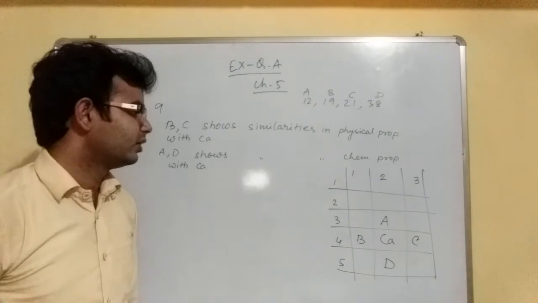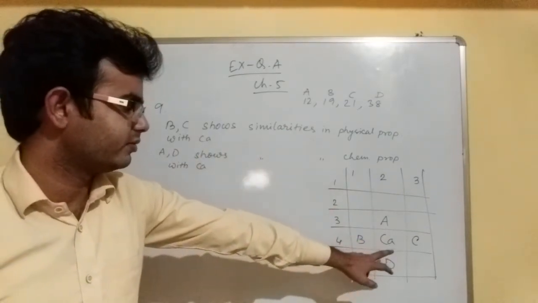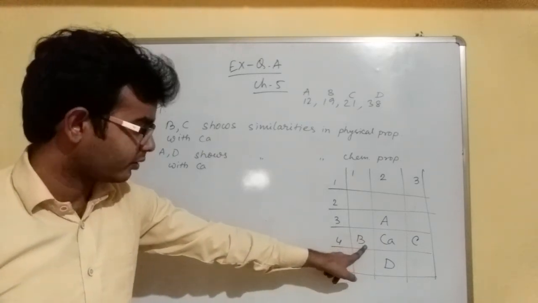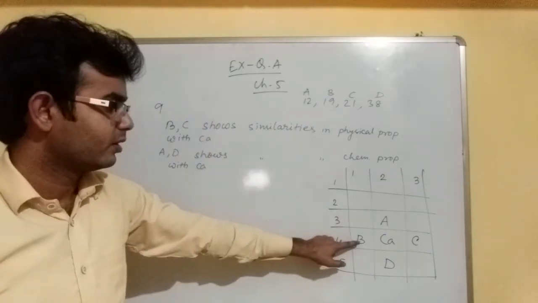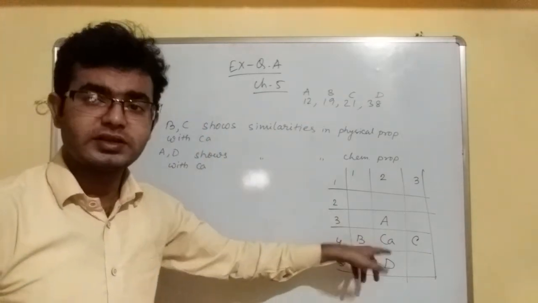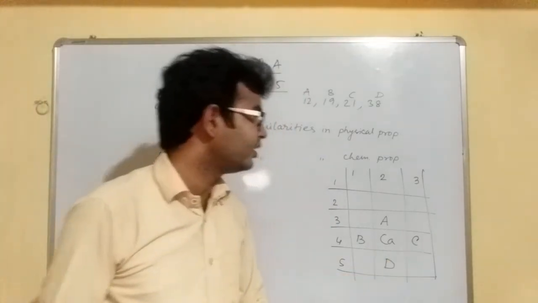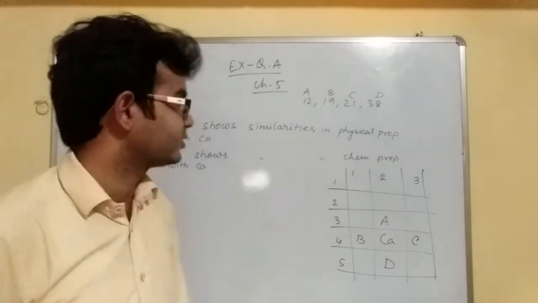और एक्चुअली दोनों मिला के ए और डी भी लिख सकते हो कि बी और सी. Here B is potassium, atomic number 19. Potassium and calcium both are solid in state, so they have similarities in physical properties. C is scandium, so they show similarities in their physical properties.